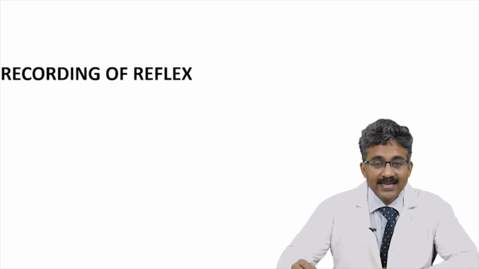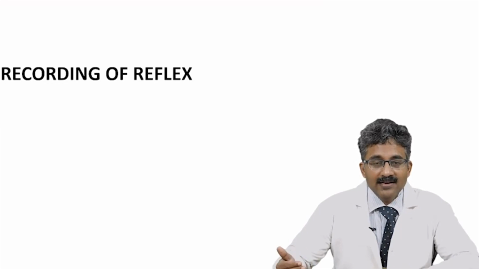Grade 3, +3, is exaggerated reflexes, and then grade 4 is clonus. So I repeat, grade 0 is absent reflex, grade 1 is like a normal ankle reflex, grade 2 is like a normal knee jerk which is brisk, grade 3 is exaggerated, and grade 4 is clonus.